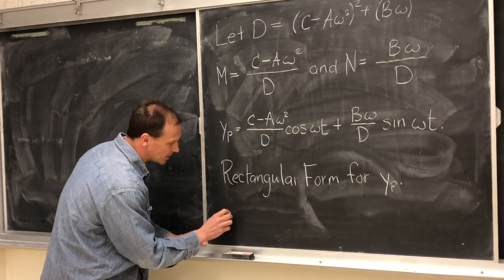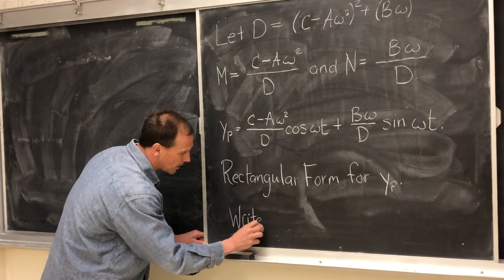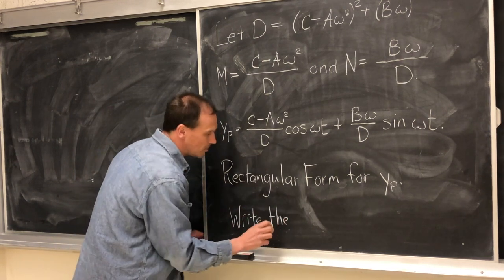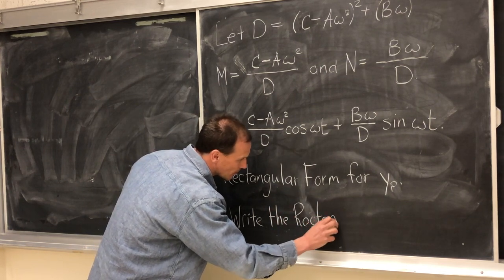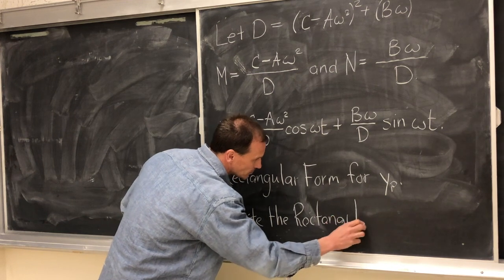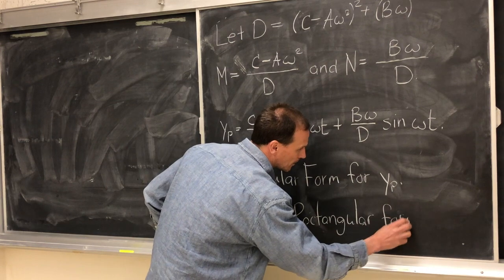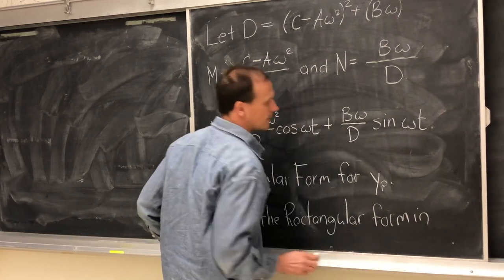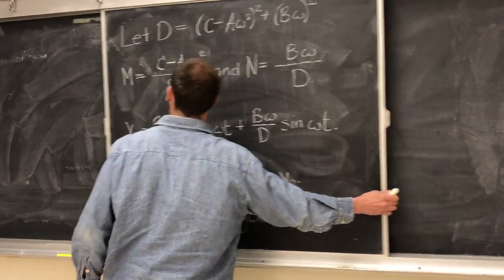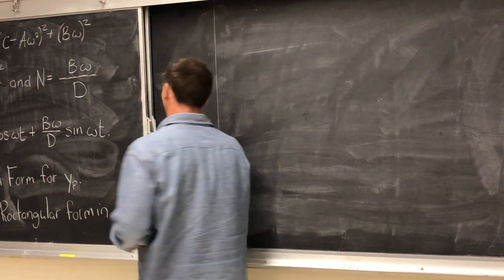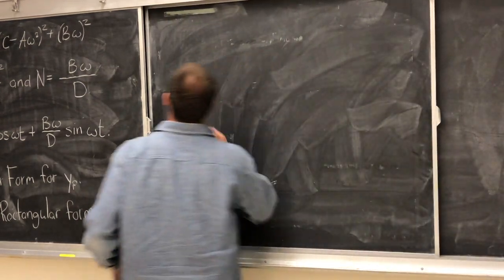So that's our next thing: we're going to write the rectangular form in polar form.